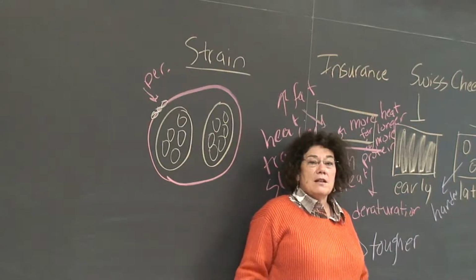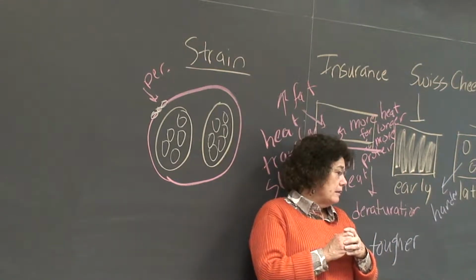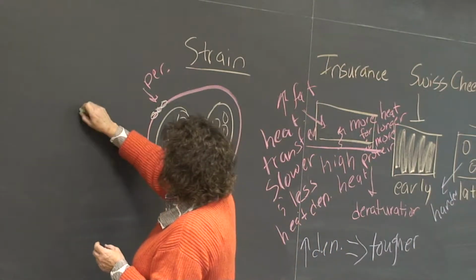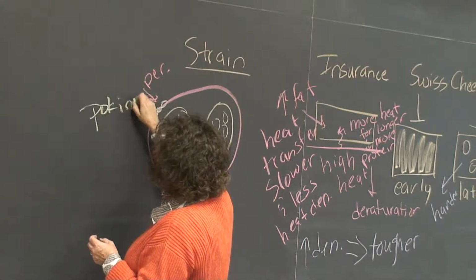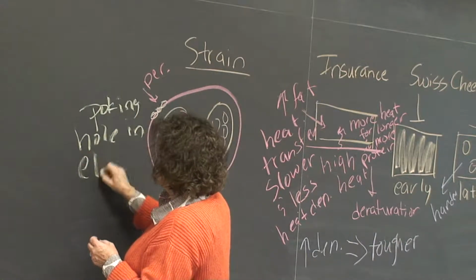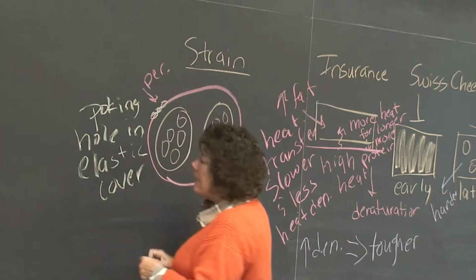Well, perimysium is like a big elastic cover, isn't it? And so adipose cells, as they develop, it's like poking a hole in this elastic cover. So it weakens.